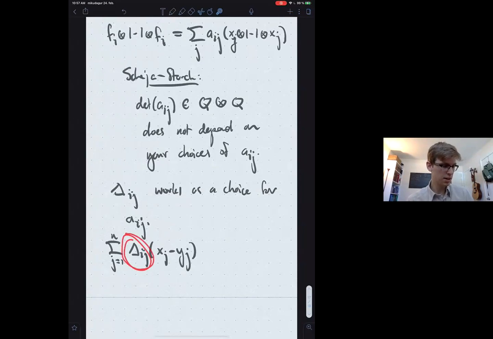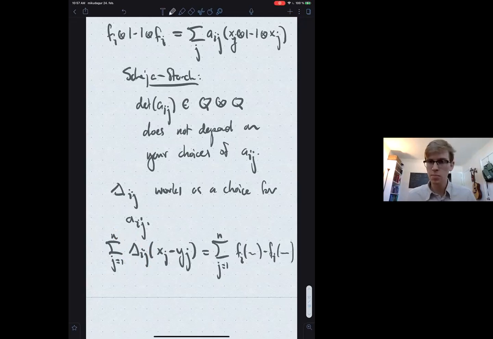If you remember, this was like an fi with some inputs minus an fi with some different inputs divided by xj minus yj. And so the xj's and yj's cancel out. And you have what ends up being a telescoping sum. These first and last pieces cancel out until you're just left with fi with just x variables minus fi with just y variables.